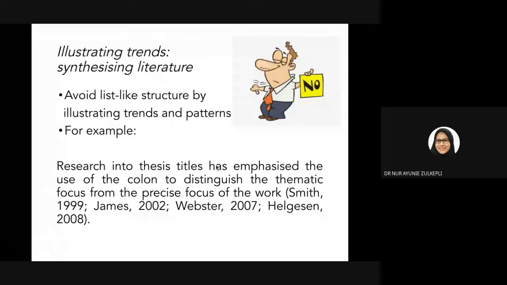It's difficult. In my opinion, I suggest that if you want to refer to these four references, you should paraphrase what Smith, James, Webster, and Hegelson are saying about this topic or statement, right? Instead of just listing all of these references together, okay?